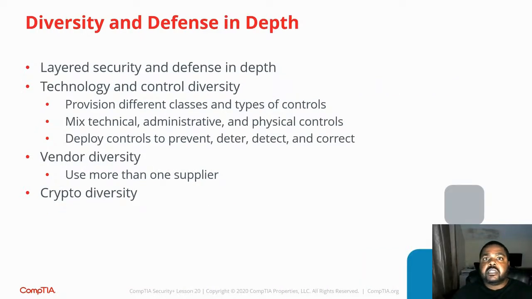So I touched on this a little bit earlier when I was talking about the single point of failure, having that diversity, and it creates a defense in depth, right? So let's say you want to make a Microsoft shop, or better yet, an Apple shop. Everybody in there has an Apple, from MacBook Pros to iMacs to Apple servers, Mac servers. We've got Apple phones. Everything is on an iOS platform.